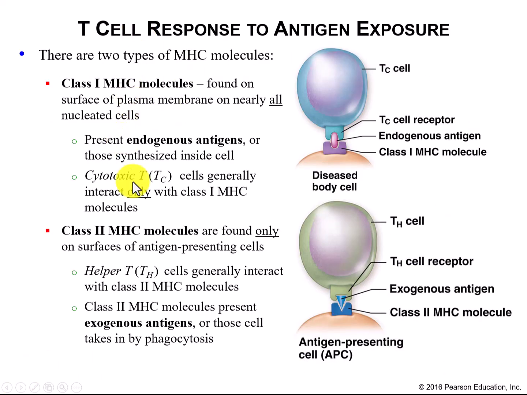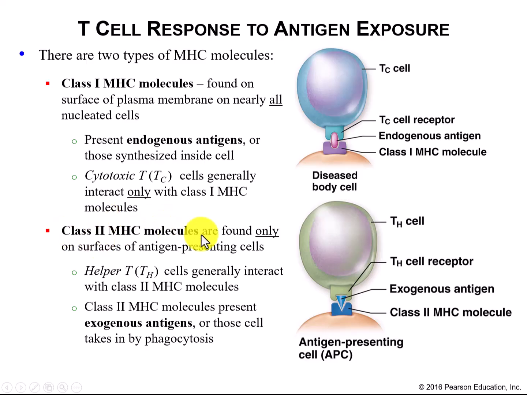And so here is a summary of what we just talked about. Class 1, found on the surface of the plasma membrane of nearly all nucleated cells, presents endogenous antigens, or those that are synthesized inside the cell. Cytotoxic T cells are the ones that interact with MHC1, and they will only interact with MHC1.